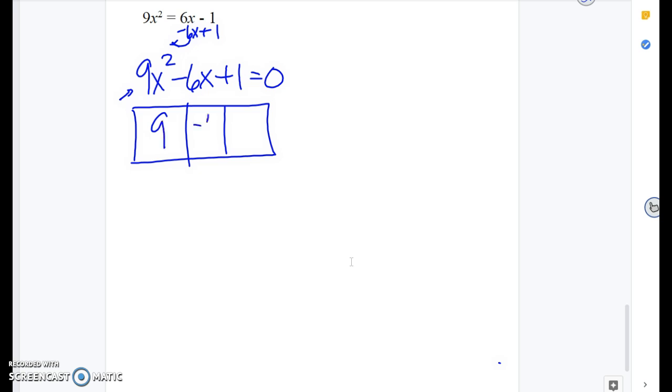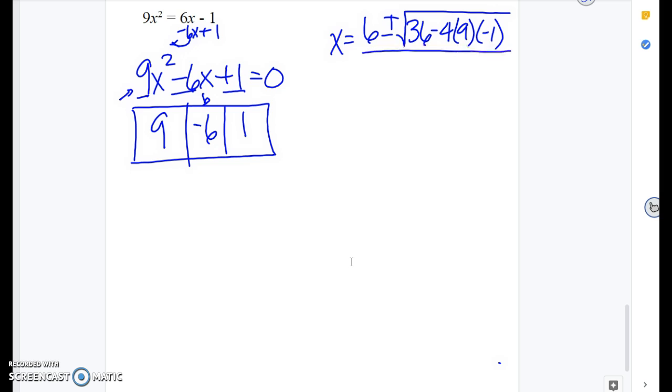I have 9, negative 6, and 1. So x equals opposite of b. This is b, right? So 6 plus or minus the square root of b squared minus 4 times 9 times 1. Well, something looks like it's going to happen here. Minus 2 times 9, divided by 2 times 9.